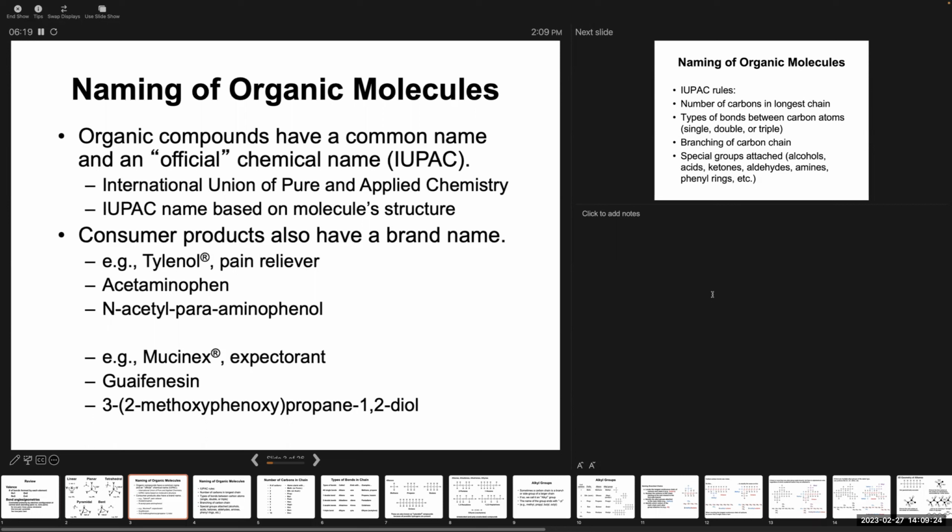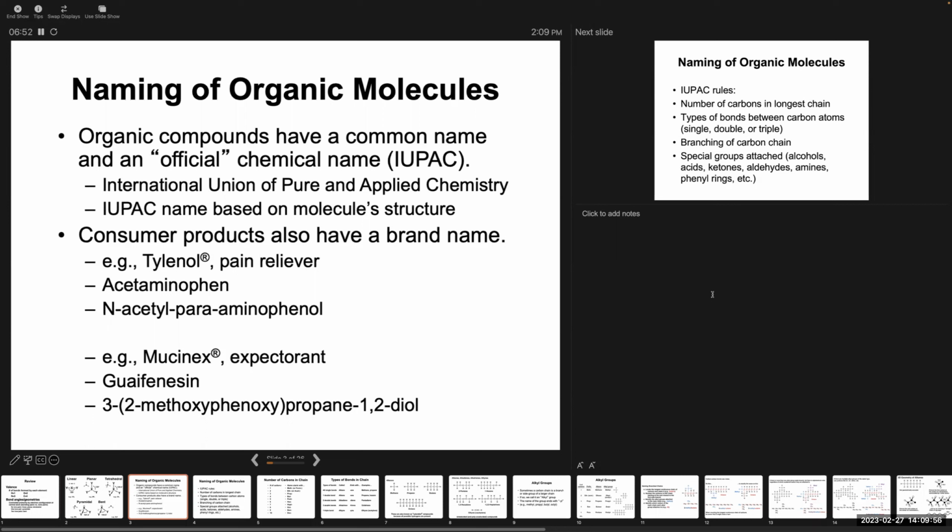I don't expect anyone in this class to be an expert at naming organic molecules, but I want you to have some familiarity with where organic compounds get their names from, because you're going to run across these names constantly in this field.